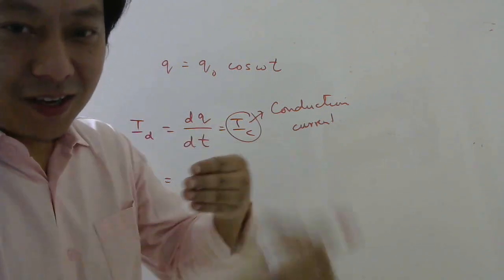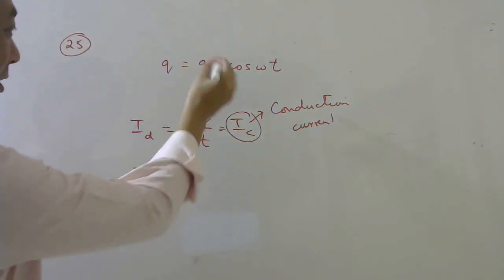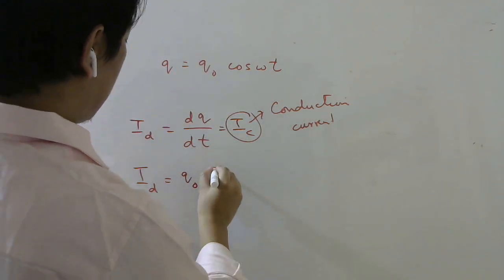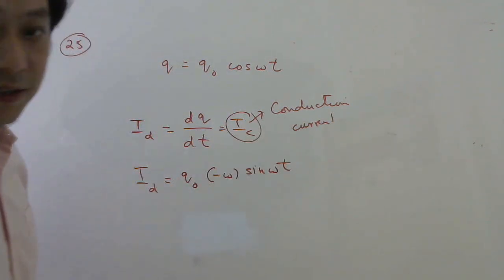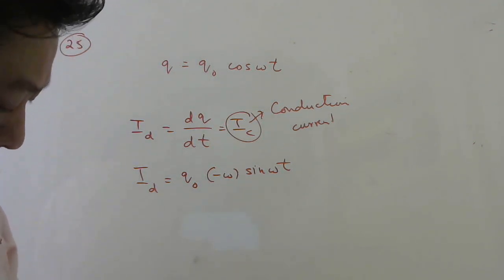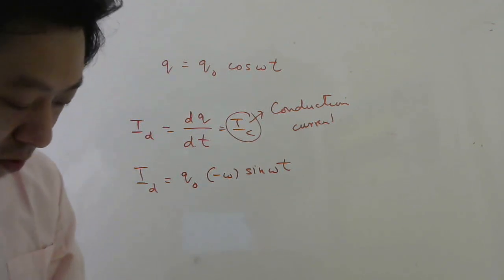But now we can say current has a continuity like this. Okay. So dq by dt is simple. Q naught is constant. Differentiation of cos omega t will be minus omega sine omega t. That's it. That is your displacement current. Which option you say? Option A. Let's see 26 now.